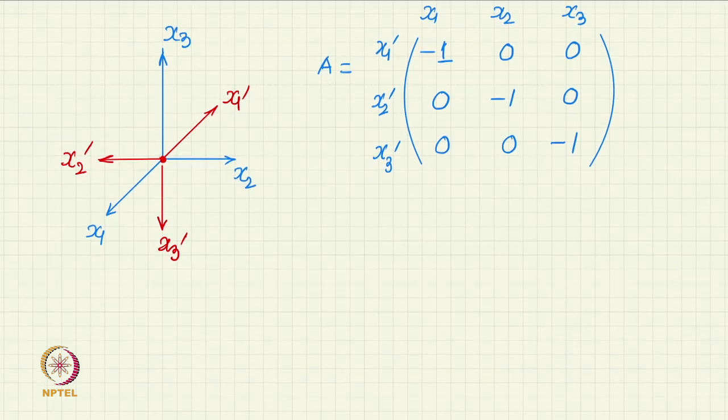So, let us think of a general tensor T, which is represented by its 9 components.